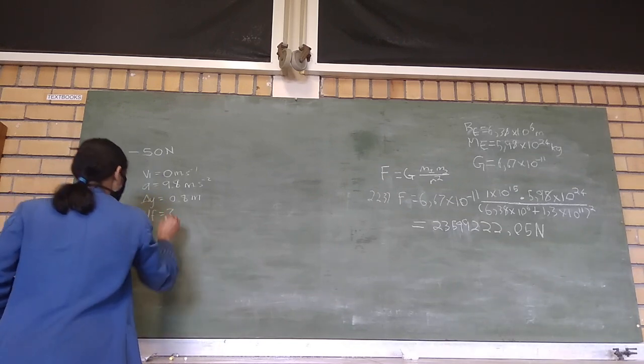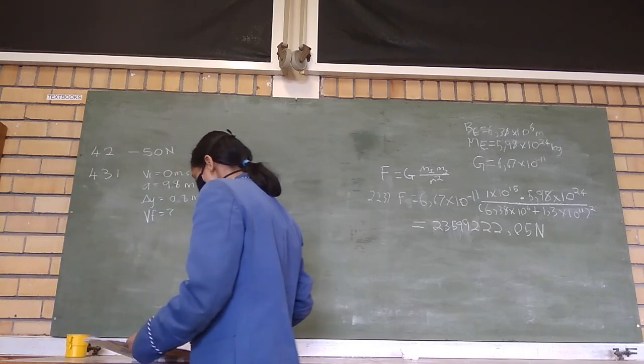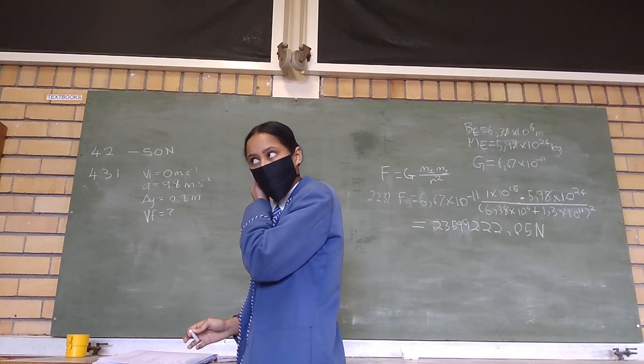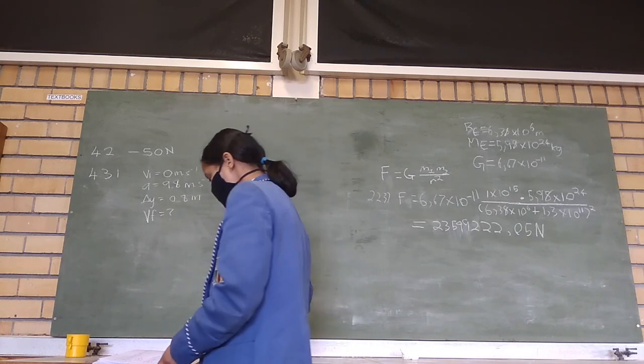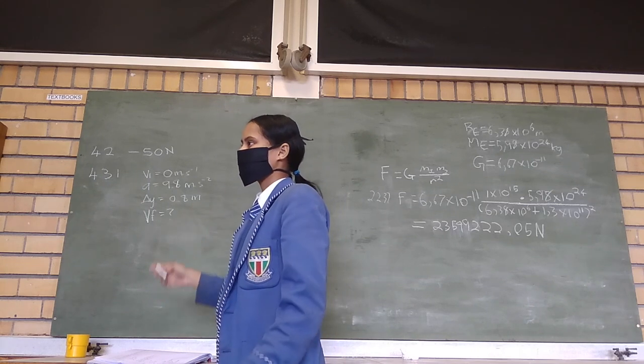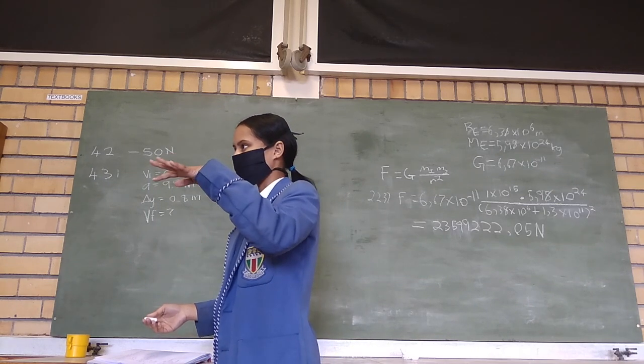Great. Your initial velocity will be 0 because the ball is being dropped, so it doesn't start with any velocity. Acceleration is 9.8, and I made it positive because I took downwards as positive.